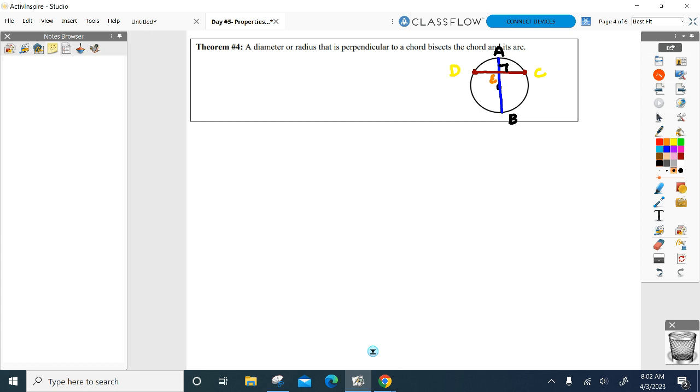Give me 2 pieces. The chord is being bisected: DE and EC. Line segment DE is congruent to line segment EC. Yes. Huge. If you have a diameter perpendicular to a chord, it will cut the chord into 2 equal pieces, aka bisected.